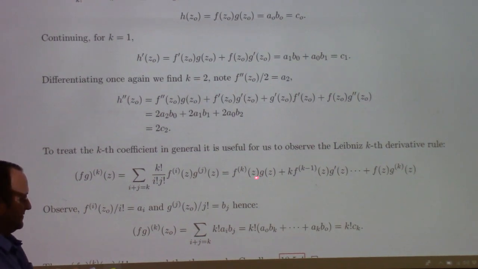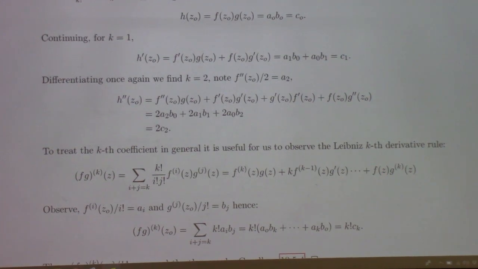And so when you look at that, if you evaluate it, of course this divided by z naught is exactly a_i, and that's b_j. So this is a_i, that's b_j.